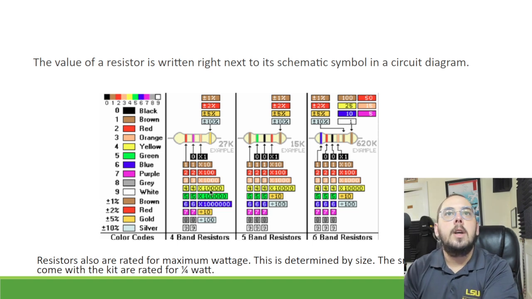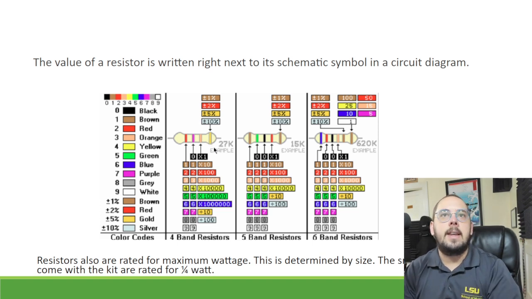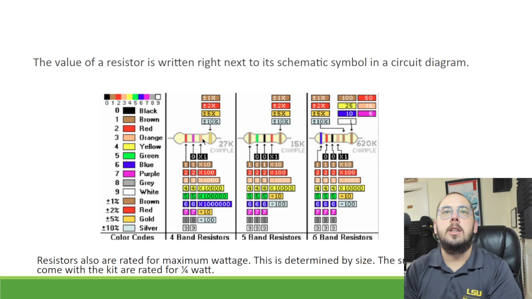and that is the amount of ohms that we have. So again, this one that is 27,000 ohms, we get red, which is 2, this purple, which is 7, 2, 7, and then this orange. I guess it is orange in real life. This diagram makes it look a little more fleshy colored, but that's multiplying it by 1,000.